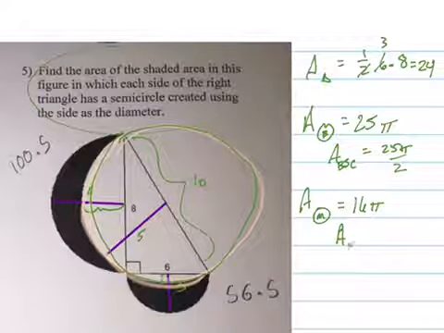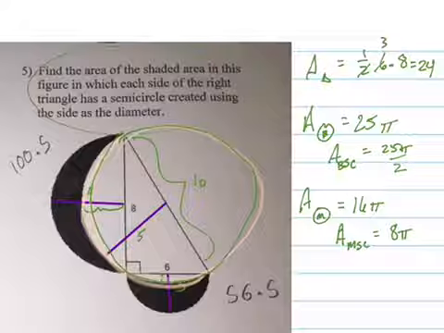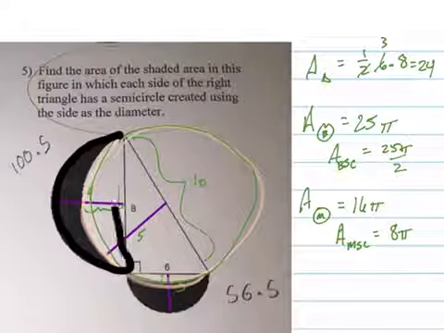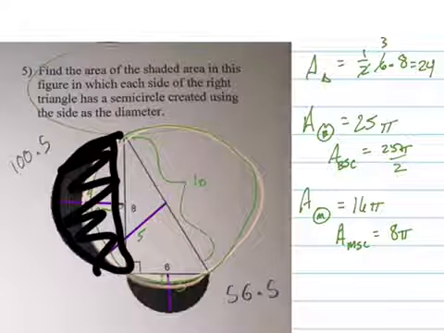The area of the medium semicircle is equal to 8 pi, which is the area of that right there. That was 8 pi.